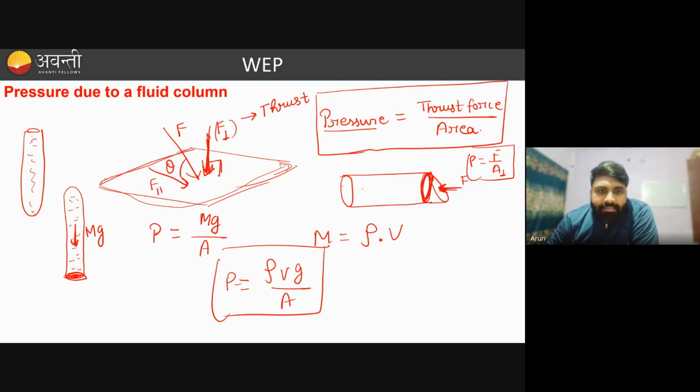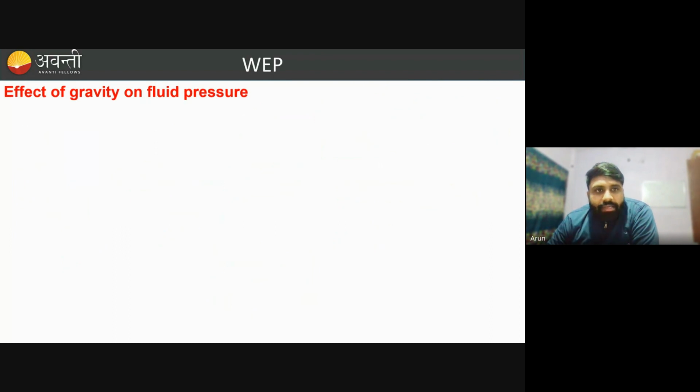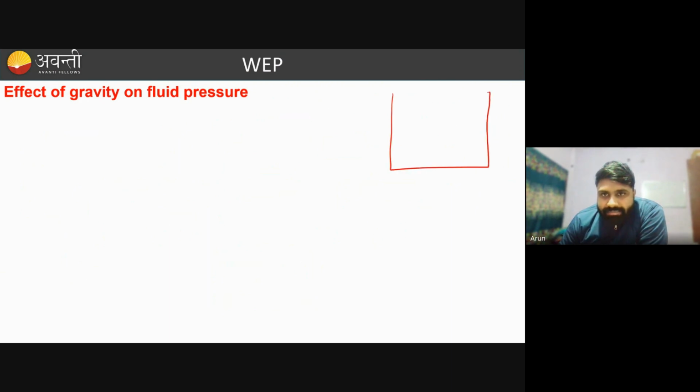Okay. So this is it for the pressure. We will discuss it more in the upcoming slide. Now, effect of gravity on a fluid pressure. So what will happen? We have considered this bucket filled with fluid, and we have considered this imaginary cylinder here, a fluid cylinder, your fluid element you can say.